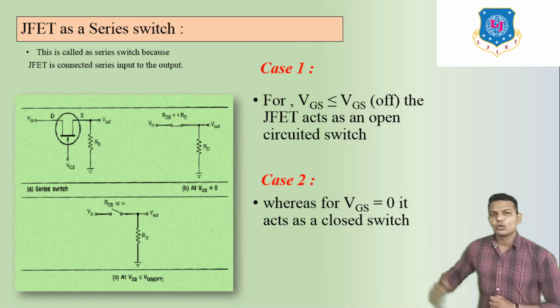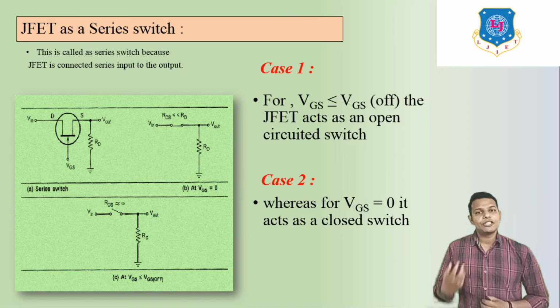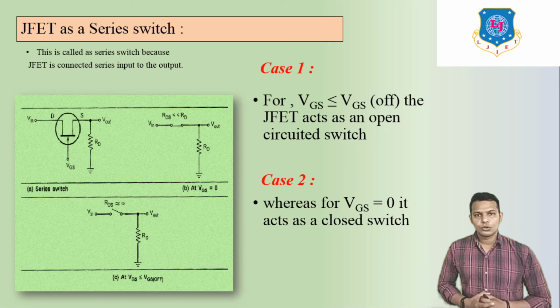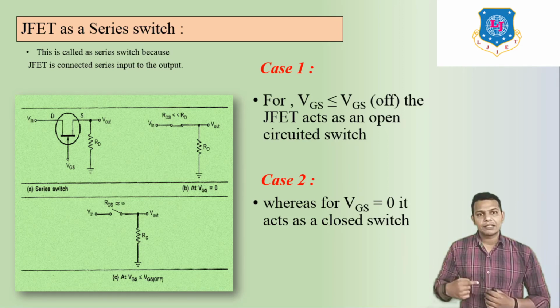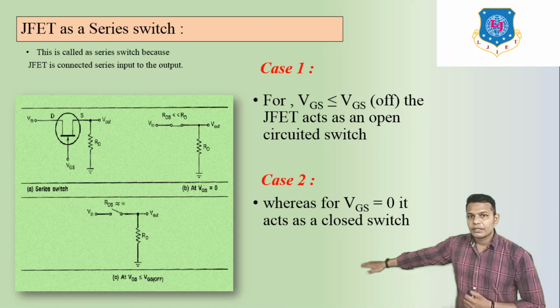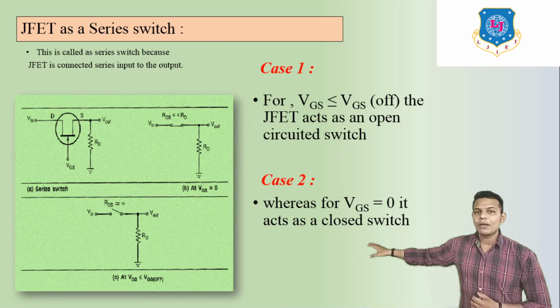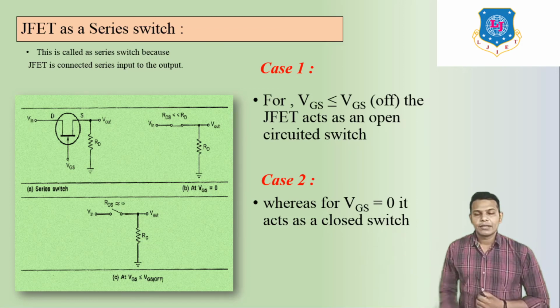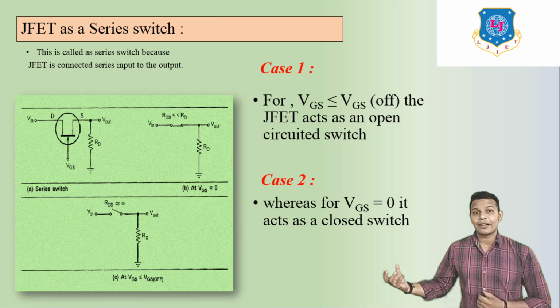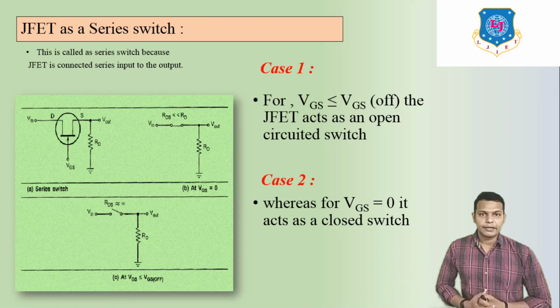Now in case number 2, if we apply VGS equal to 0, it becomes a closed switch. That means there is a path from input to output, so there is a flow of current, which is known as a closed switch. Below, this is case number 1, which is open circuited, and RDS is approximately infinite, that means no flow of current.